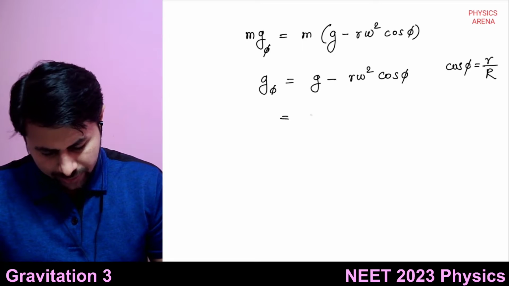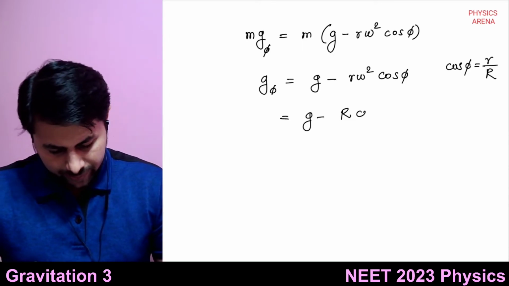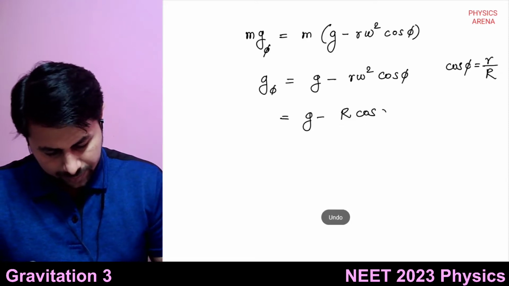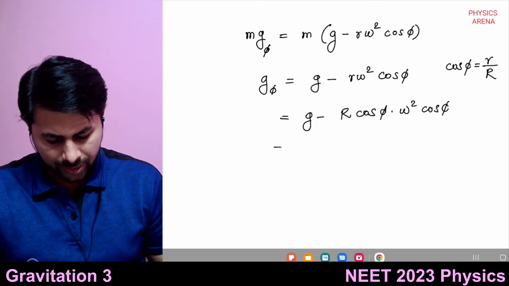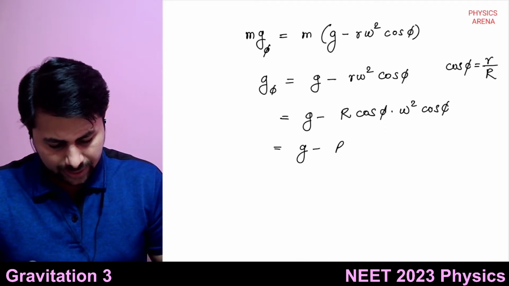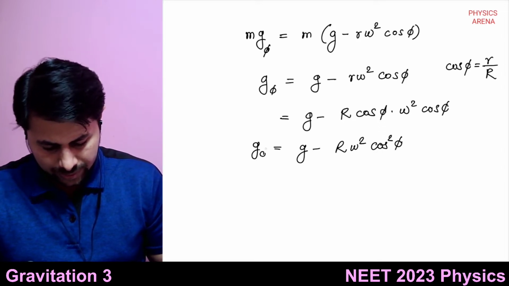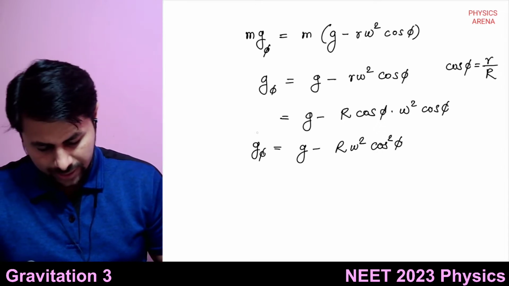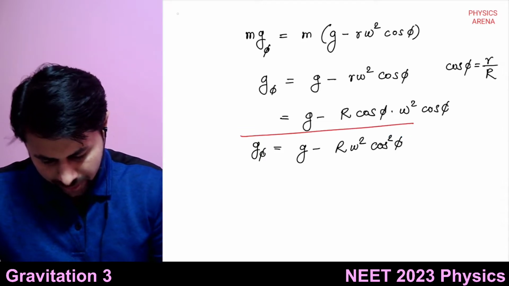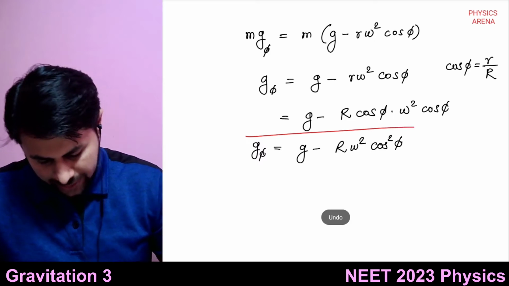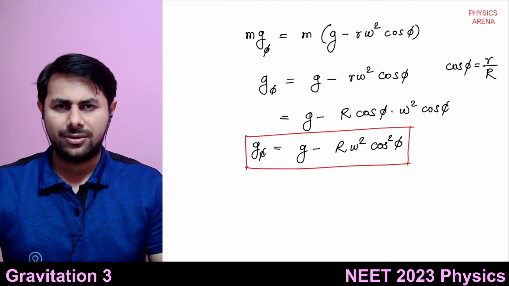So this is equal to g minus R cos phi multiplied by omega square cos phi, or you can say it is g minus R omega square cos square phi. This is the effective value of acceleration due to gravity at the latitude phi.